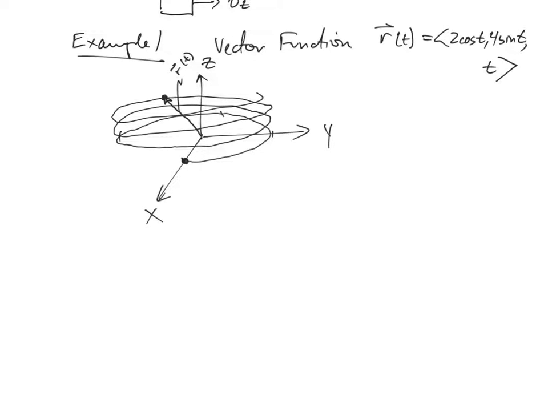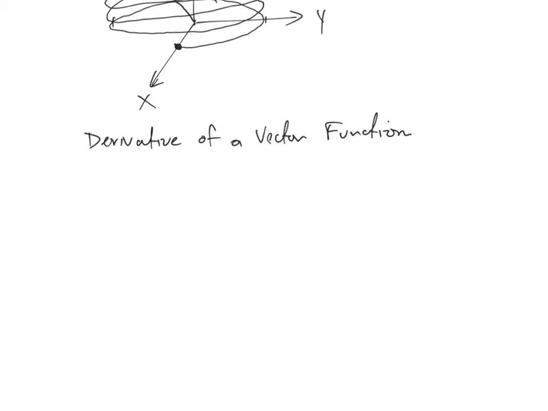So we can find the derivative of a vector function. I'm not a mathematician, so I'm not really into proofs and formal definitions, but we'll write this one down just to jog your memory.